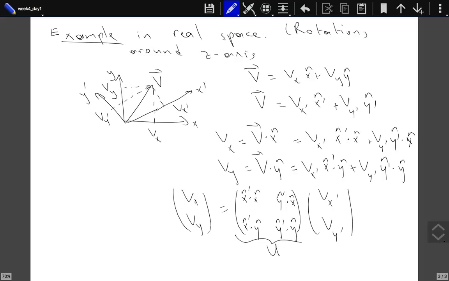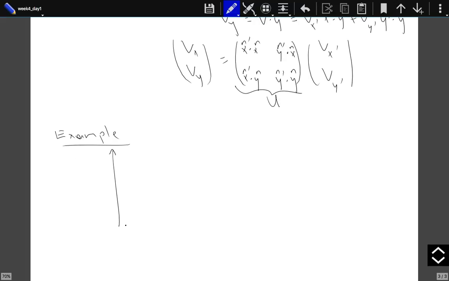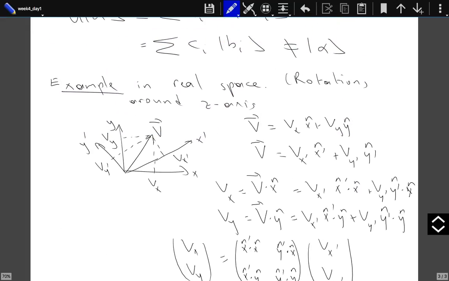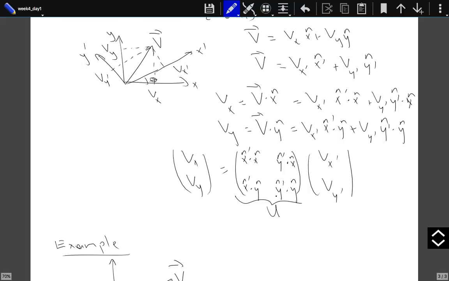Now, I can do one more thing. This is my V. Let's say this angle over here is theta. So this U just becomes, well, let's see, x hat prime dot x hat is just cosine theta.